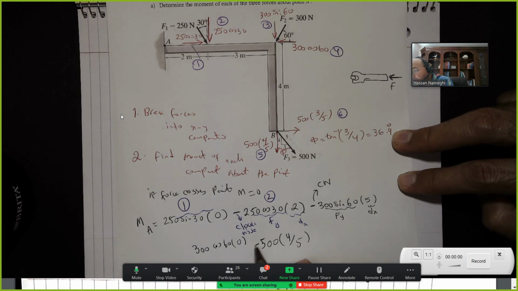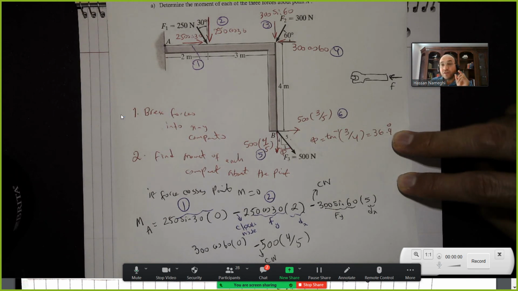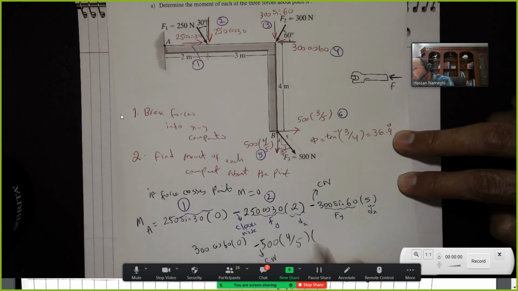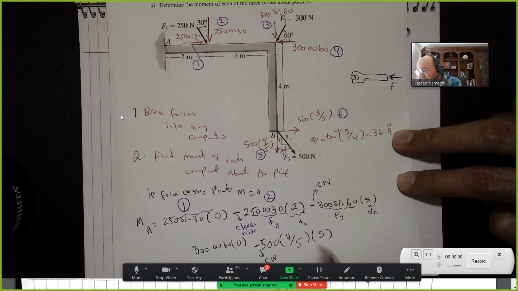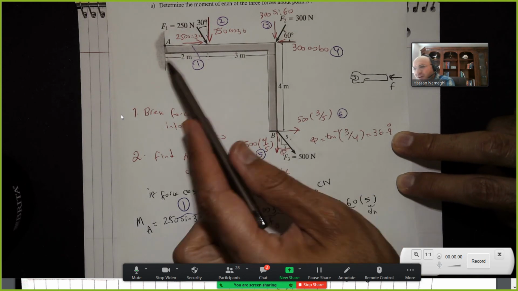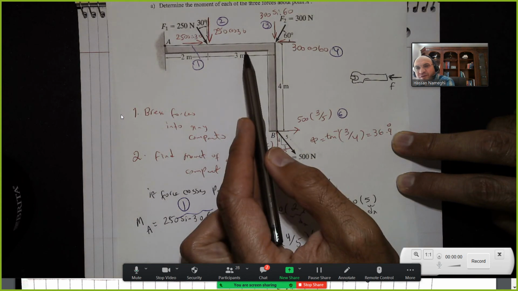We are all in agreement. What's the distance for that? Remember, the force is in the y, so the distance will be on the x. Just close your eyes. What distance is in x? 5. That's it. So the distance for this is 5, which comes from here.